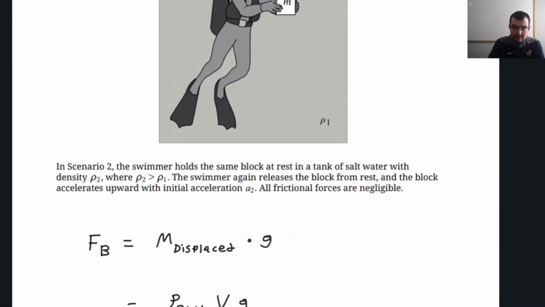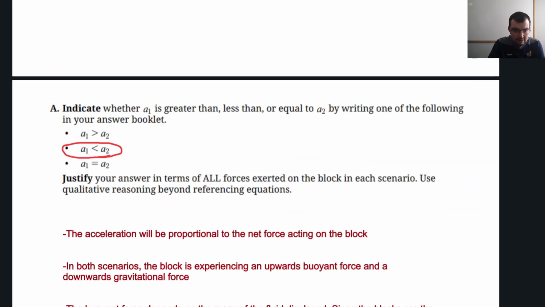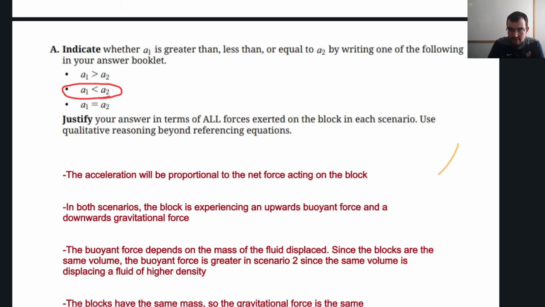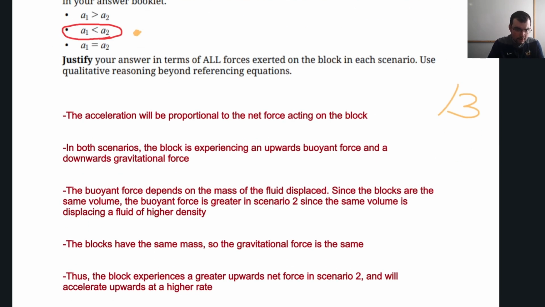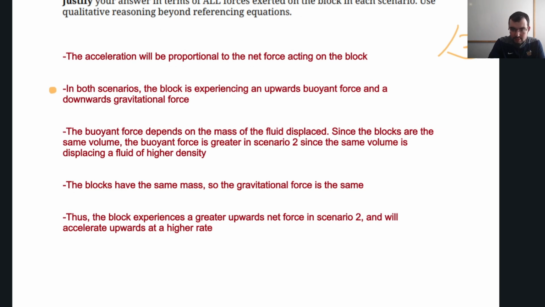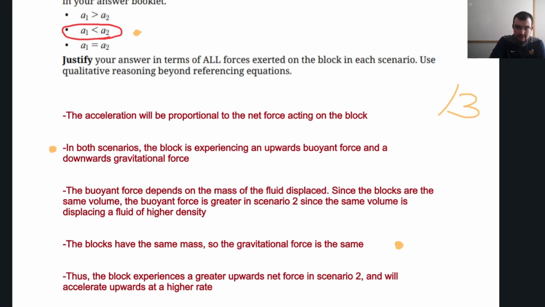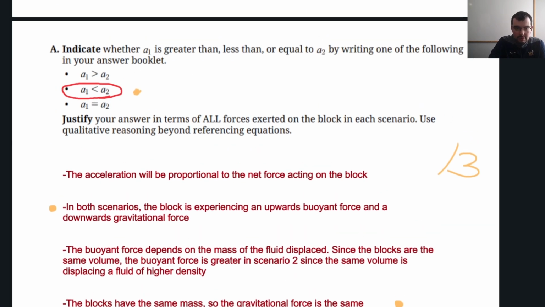So now for a point breakdown. 1 point for a correct selection, so again this is out of 3. 1 point for the valid selection. 1 point for identifying both forces that are acting on the block, upwards buoyant and downwards gravitational, and then explaining that there would be a greater buoyant force in scenario 2, and thus a greater net force.